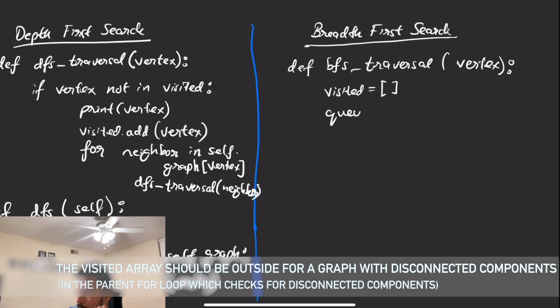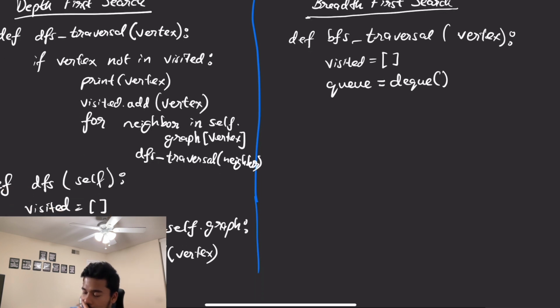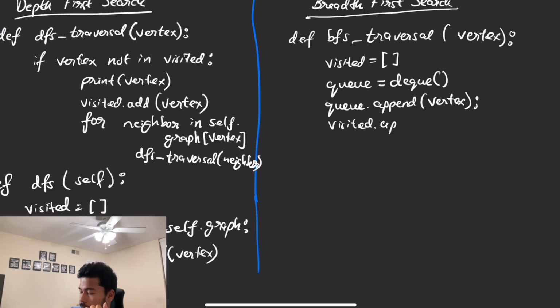Because of the way the algorithm's implemented. So deque is just like a queue structure. It's a library in Python, and then you would add the first thing to the queue, right?